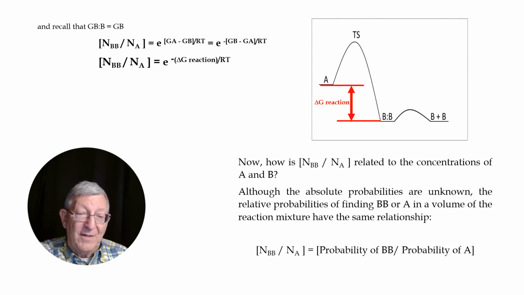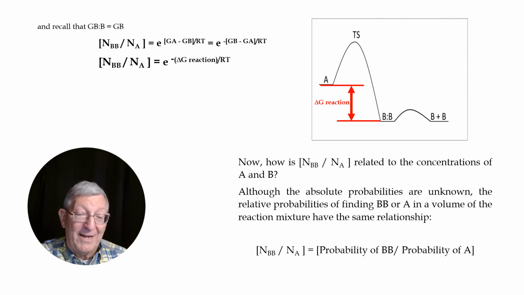And the question arises, how can I relate these numbers of molecules or numbers of atoms to something analytical, or something that I can actually measure in the laboratory? Well, we don't know what the probabilities are for NBB or NA, but we know that the relative probabilities should be proportional to the numbers. And so the ratio of the numbers should be equal to the ratio of the probabilities.